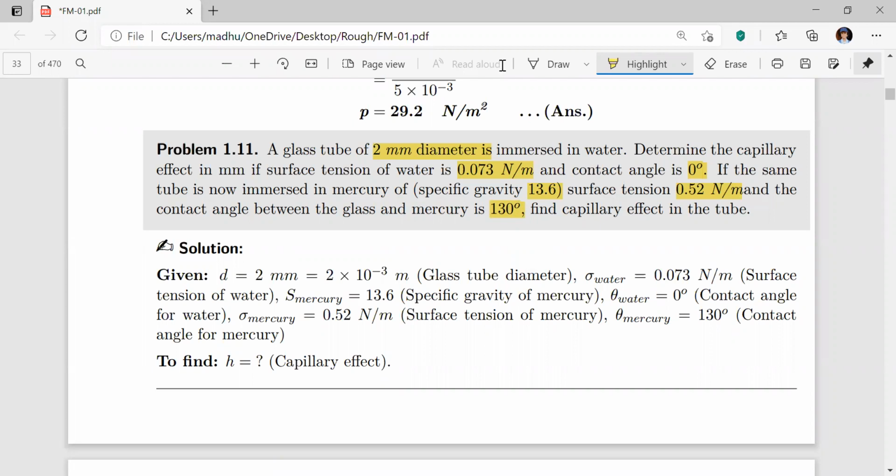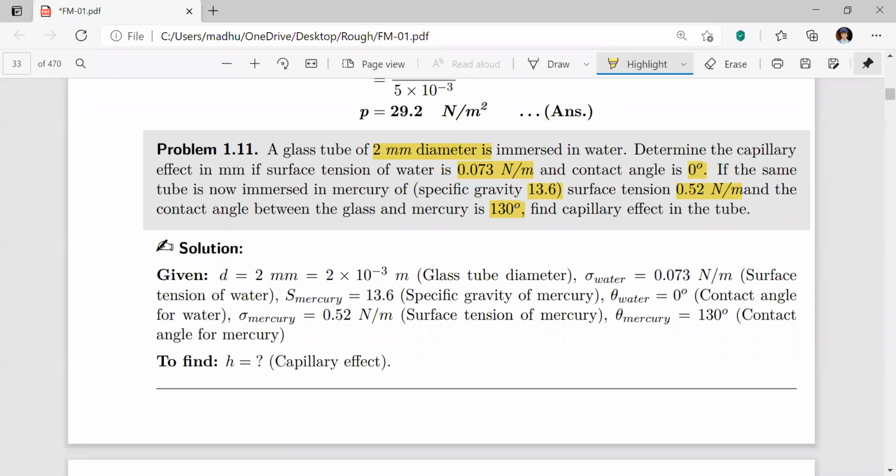So there is a glass tube. In the first case there is a glass tube and water. In the second case there is mercury and the glass tube. There are two problems. Now you see that I have to write all the given data in the appropriate SI units. The diameter they have given as 2 millimeter, which is nothing but 2 into 10 to the power of minus 3 meter.